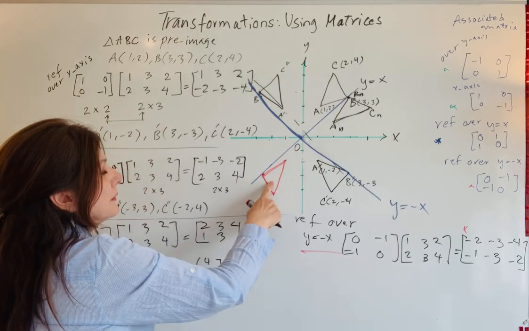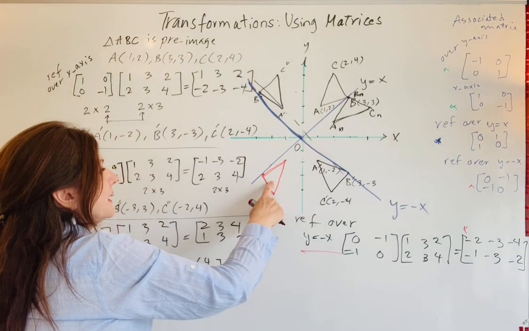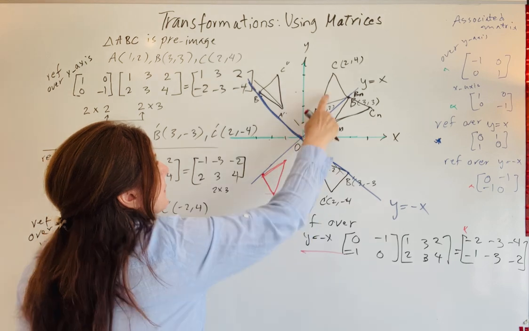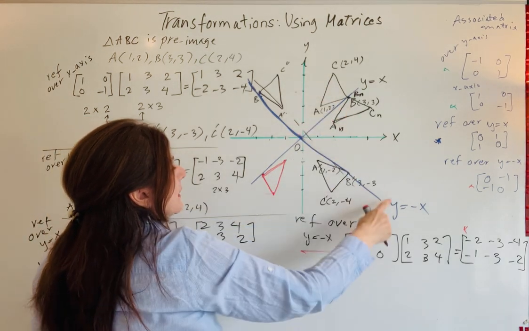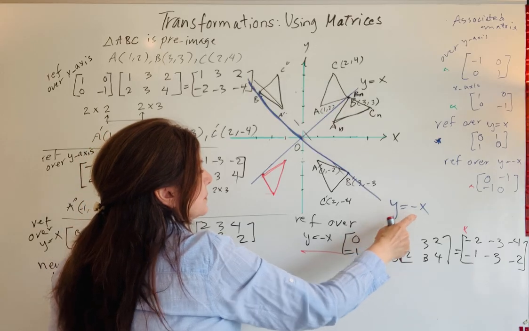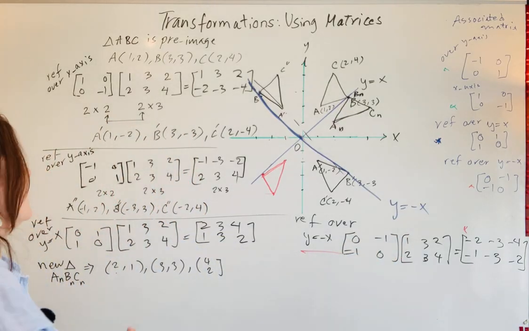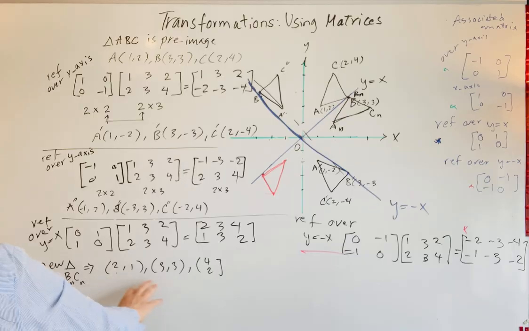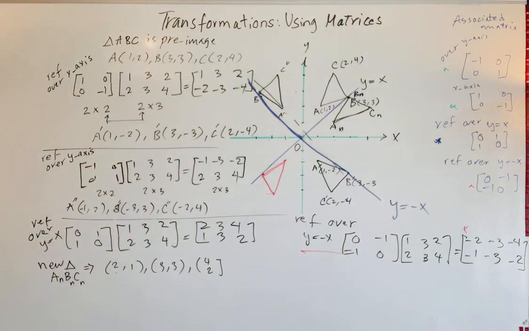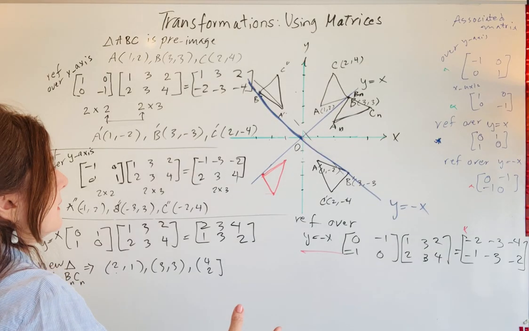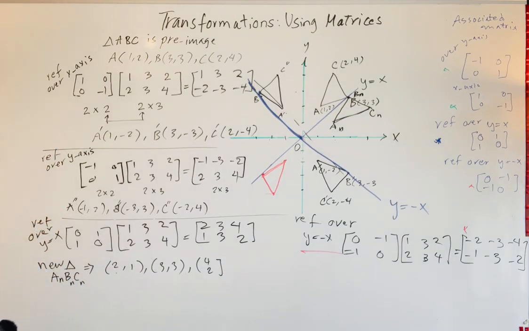This triangle is the reflection over this line of this pre-image. This is the image of the reflection over y equals negative x, okay? These four matrices we use for reflection. You can use matrices and you can use just algebra.